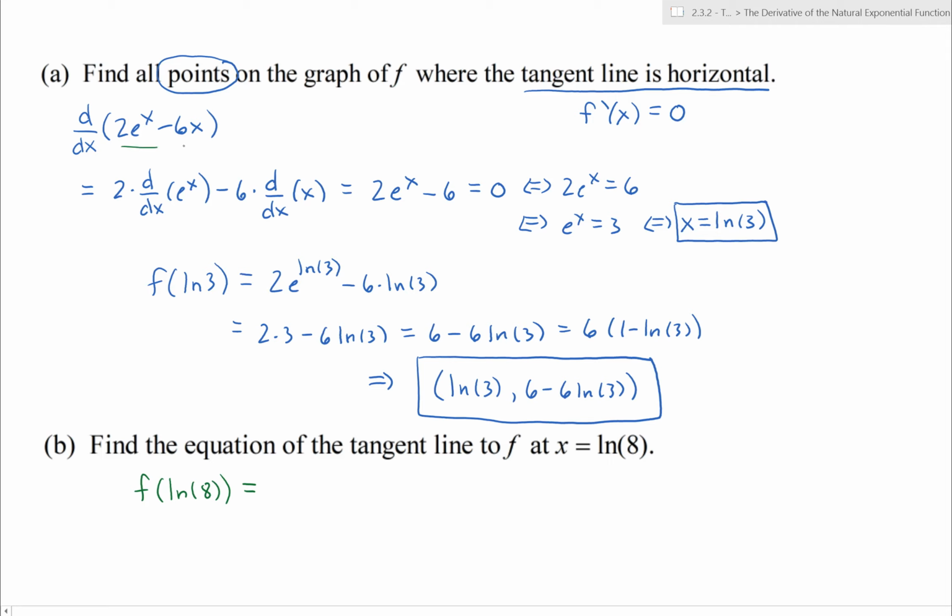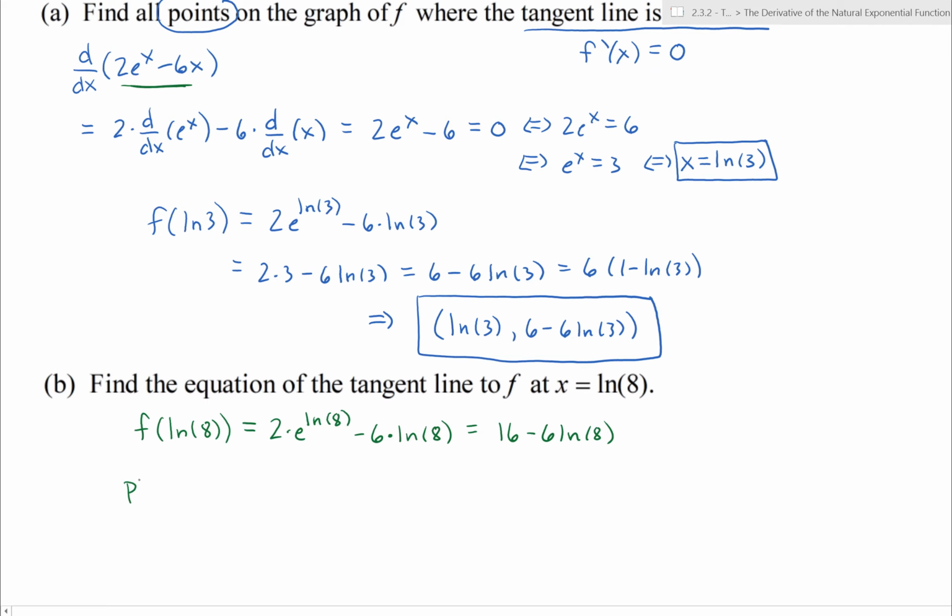Well, remember our function up here is 2e to the x minus 6x, so I'll plug it in. 2 times e to the natural log of 8 minus 6 times the natural log of 8. e to the natural log of 8 is 8. 8 times 2 is 16, so you get 16 minus 6 times natural log of 8. So the point on the graph, the point of tangency, if you will, is the ordered pair (natural log of 8, 16 minus 6 times the natural log of 8).